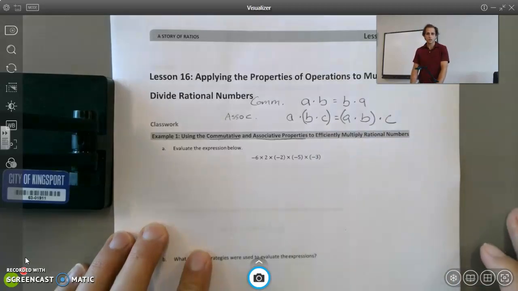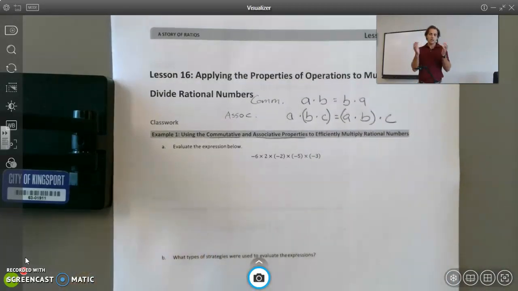They can associate in any way, just like you could pick your friends to eat lunch with. You could associate with whomever you'd like at lunch. Well, in multiplication, the numbers can be associated with whomever they'd like. So we can move them around, and then we can multiply whatever numbers together that we'd like to first.